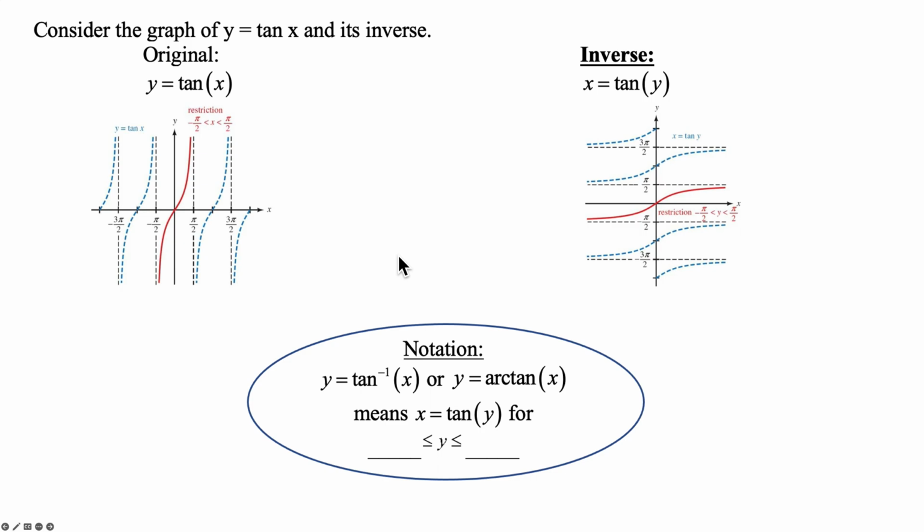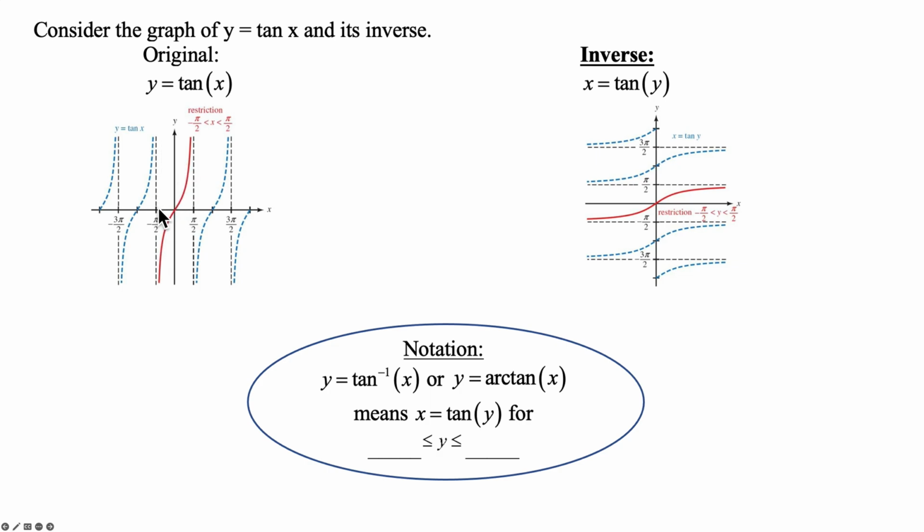All right, inverse for tangent. Okay, here's where you can see what I was talking about, the difference between an inverse equation and an inverse function. This is y equals tangent of x. This is a function. It's not one-to-one unless we restrict our domain to our first pair of asymptotes.